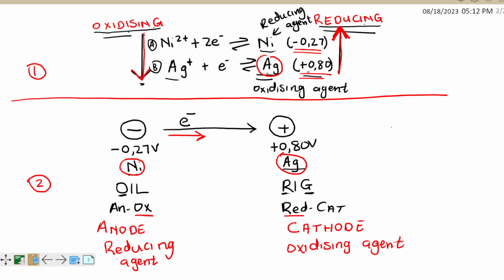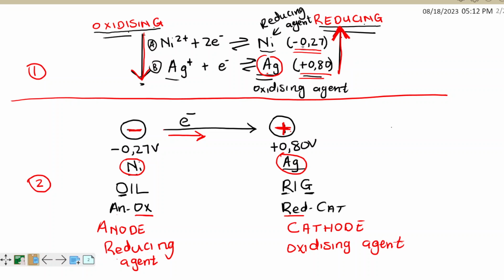And then the second thing that you do, you say, okay, I know that electrons are moving from the region of lower potential energy to the region of higher potential energy. You can either say I'm moving from the negative to the positive. Now, this negative and positive is just giving you an idea of which of the two substances has a lower potential energy.